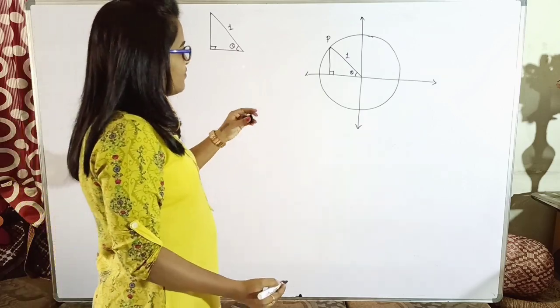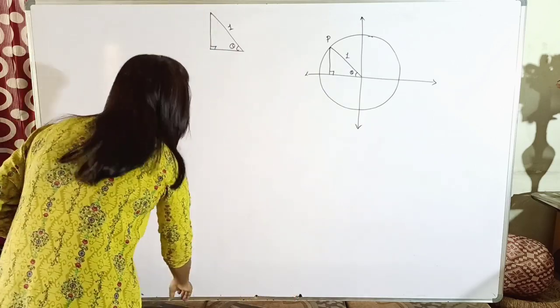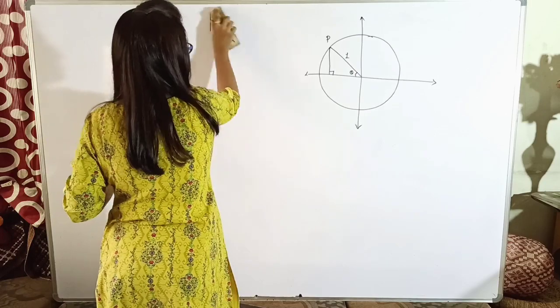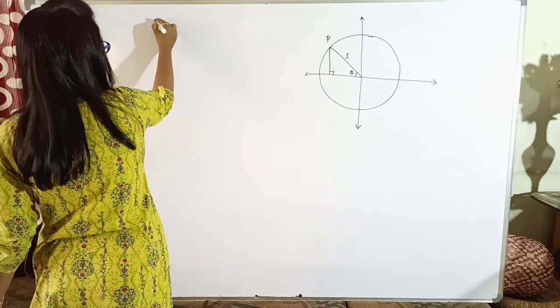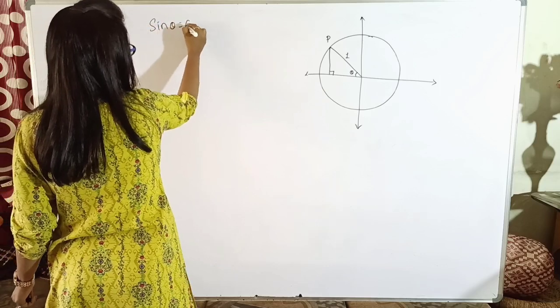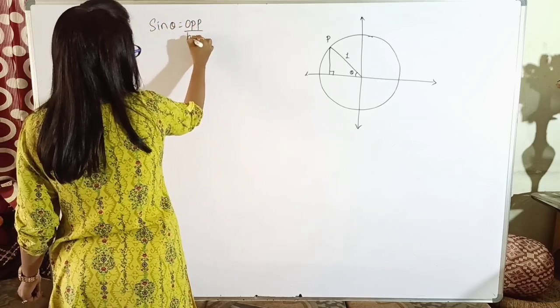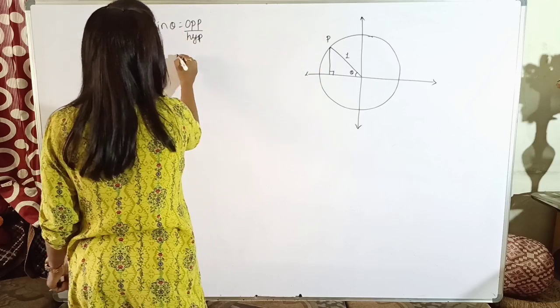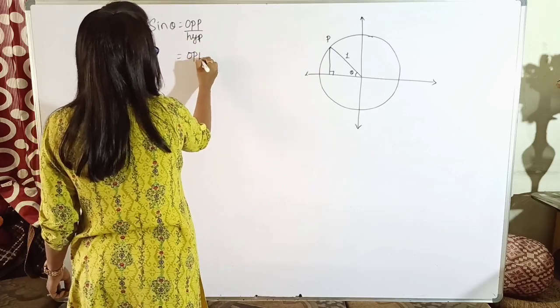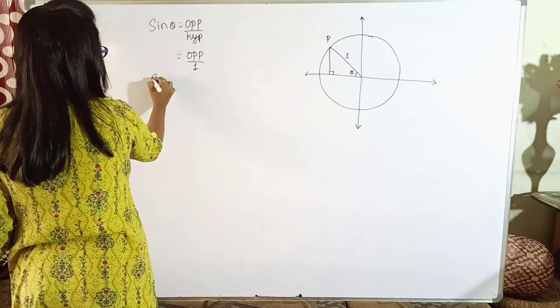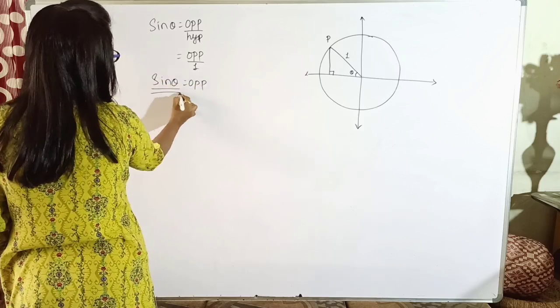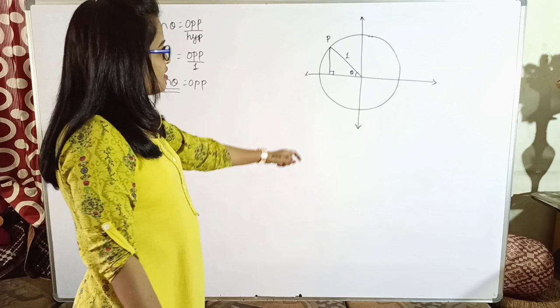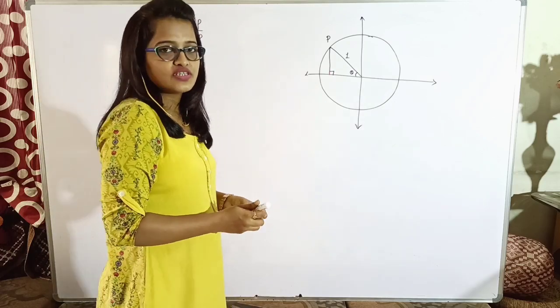Now let us try to find the values here. What is sine theta? Sine theta is nothing but opposite upon hypotenuse. But what is the value of the hypotenuse here? It is nothing but 1. What does it mean? The opposite side value is nothing but sine theta, since I have taken the radius of the circle as 1.